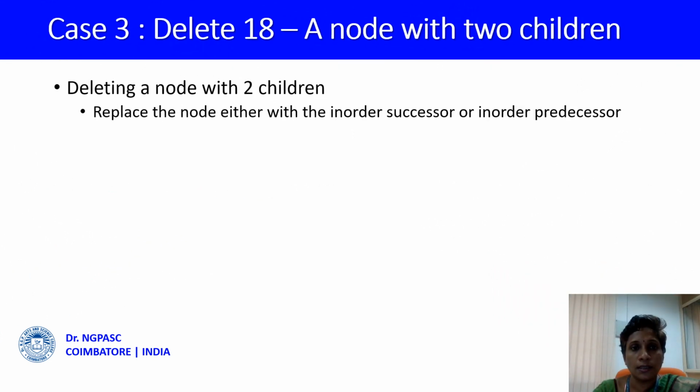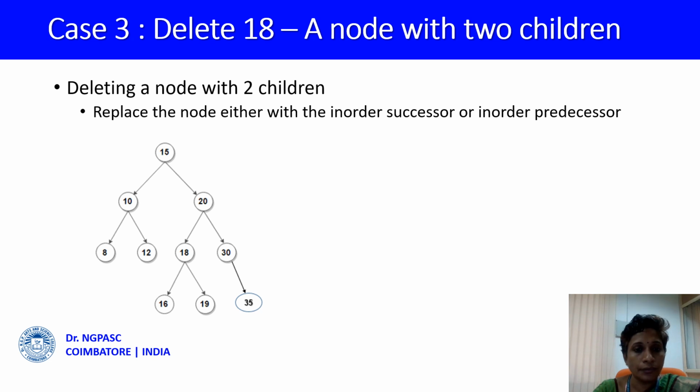Case 3 is deleting a node with two children. That means if a node has both the left child and the right child, in that case we have to replace the node with either the in-order successor or the in-order predecessor. Either can be done.